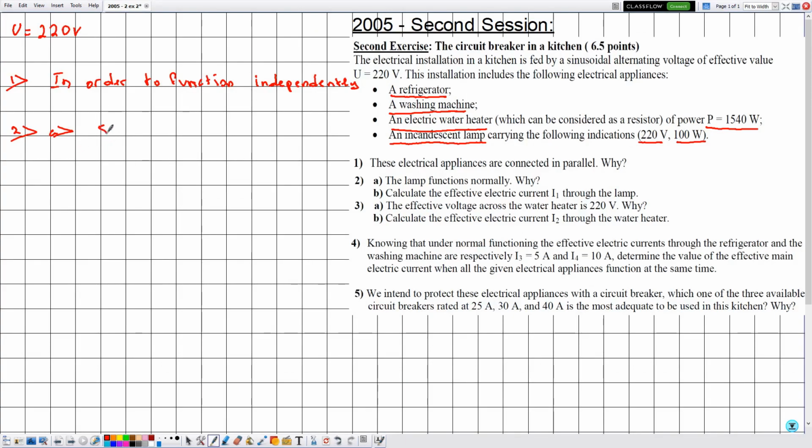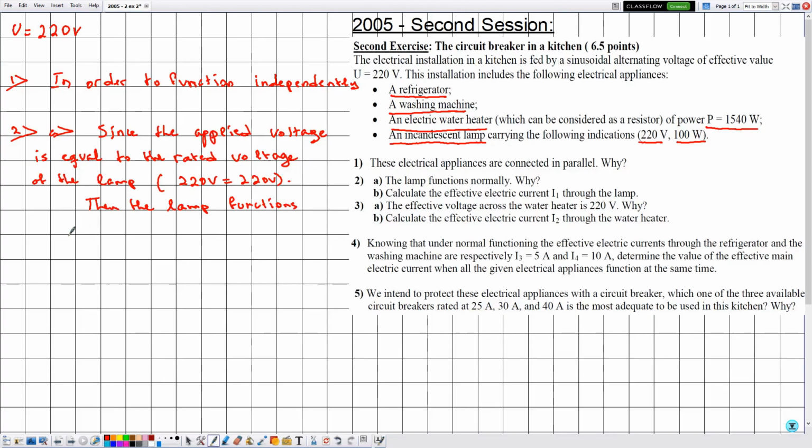So let's say since the applied voltage, which is considered in this case the effective voltage, is equal to the rated voltage of the lamp, between brackets 220 volts is equal to 220 volts, then the lamp functions normally.